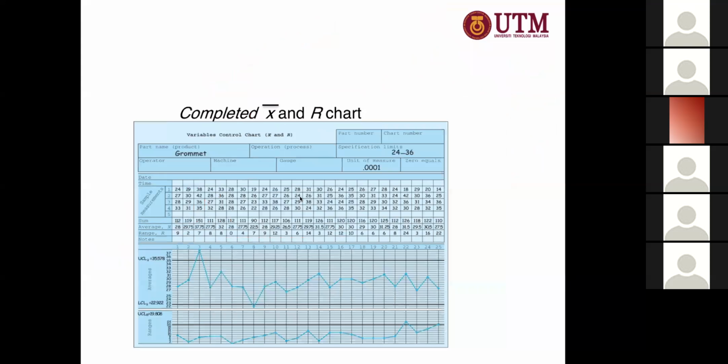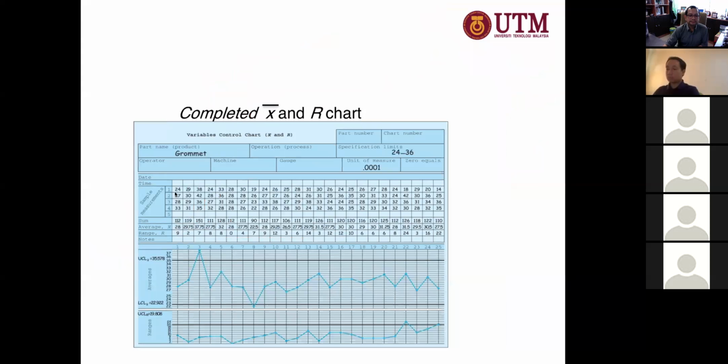This is data. We put in the data here. This is the subgroup, as I mentioned before. Then data 24, 27, 28, 33, and so forth. We put the data here. Then we sum all this. We calculate the average for each subgroup.